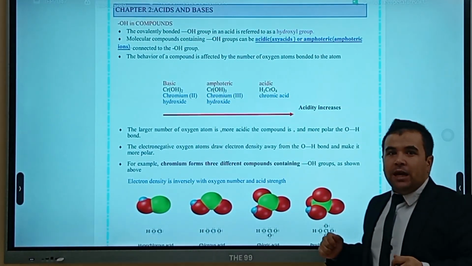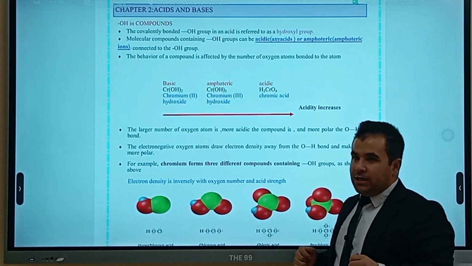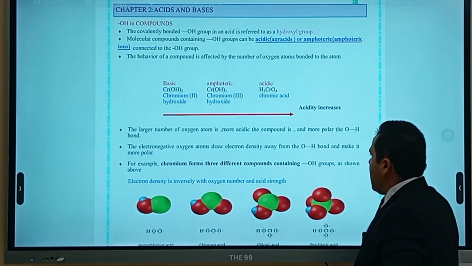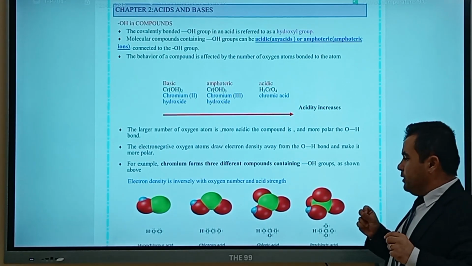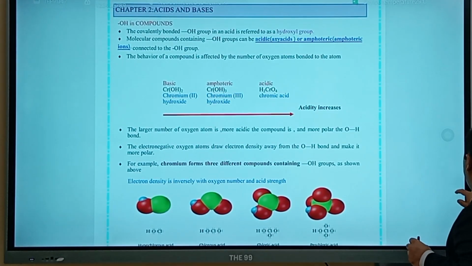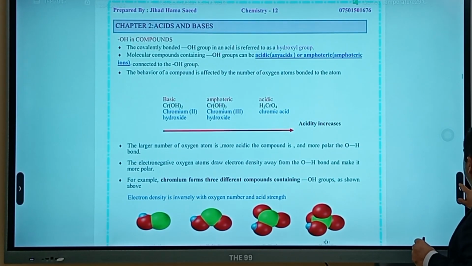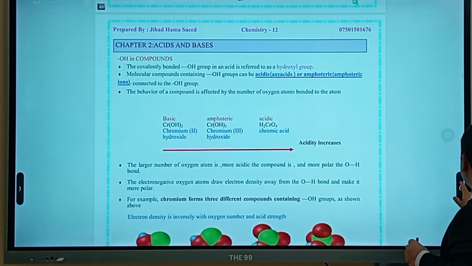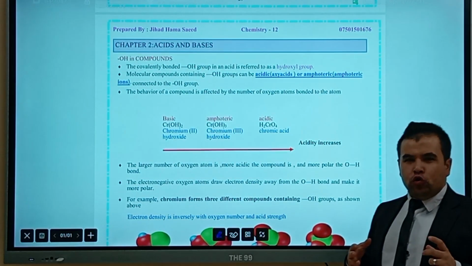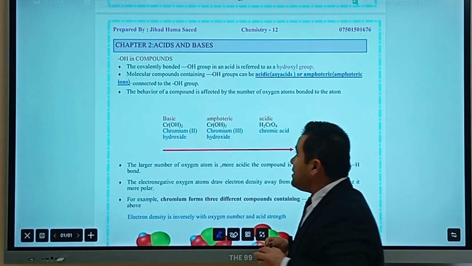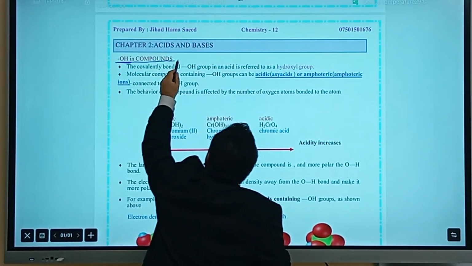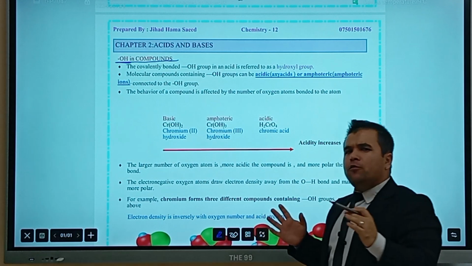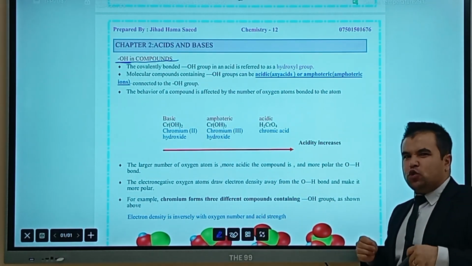Let us talk about the hydroxyl group in compounds, guys. The hydroxyl group, unlike the hydroxide, exists in molecular compounds. The structure is OH in compounds. This can be confused with OH negative, which is hydroxide.